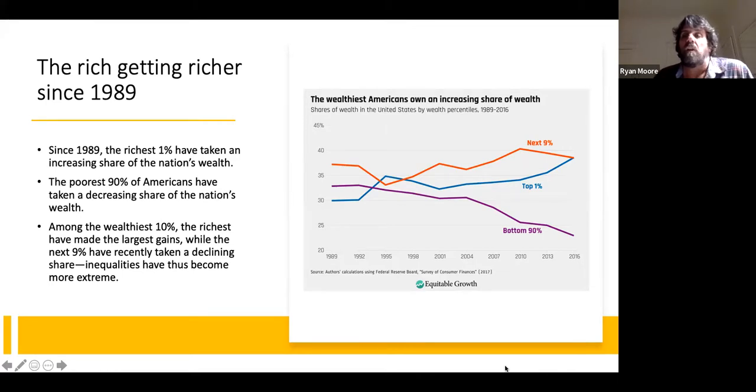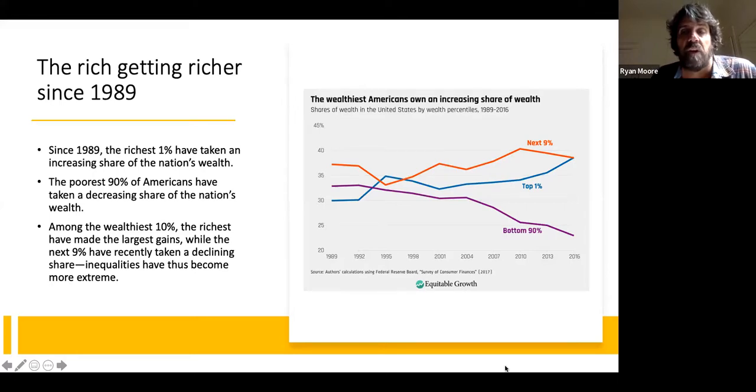So there has been this trend towards the super rich getting even richer, and everybody else, not just the poor, but everybody else, fighting over a smaller pile of crumbs, taking home a smaller part.